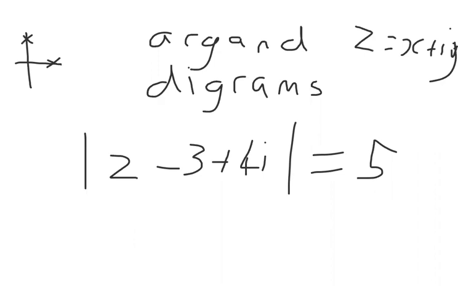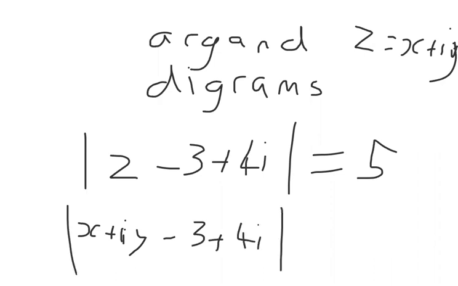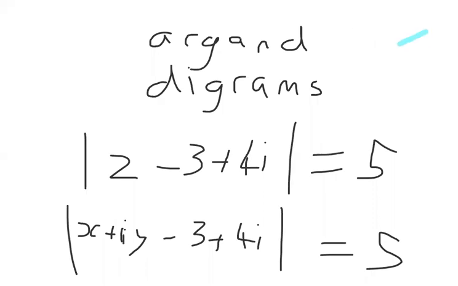assuming that x and y are given values, that's what it would look like, but that's not what we want right now. So let's substitute in x plus iy. So x plus iy minus 3 plus 4i, and this is all being modulus, gives us 5. I'm not sure if modulus is a verb you can describe as doing something, but if it's not, I just made it up just now.